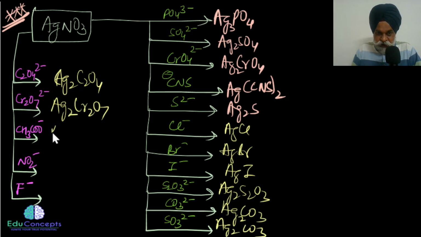All of these are important. Silver acetate. All of these get precipitated.